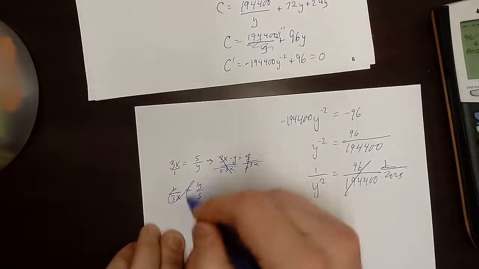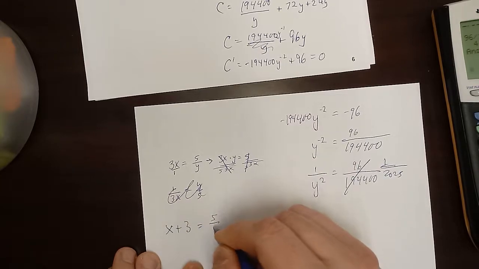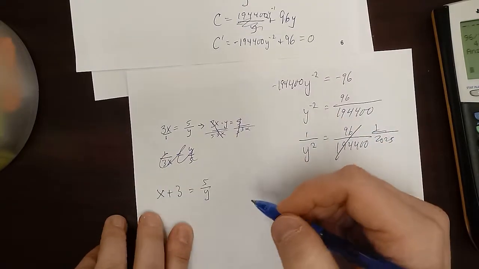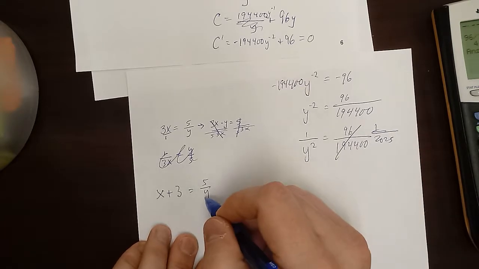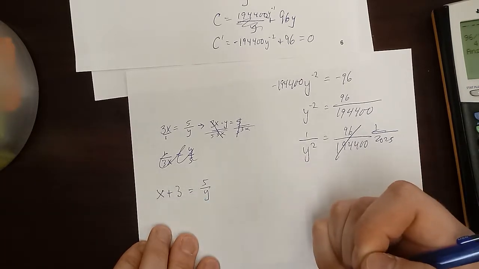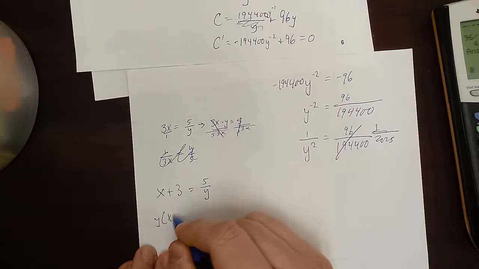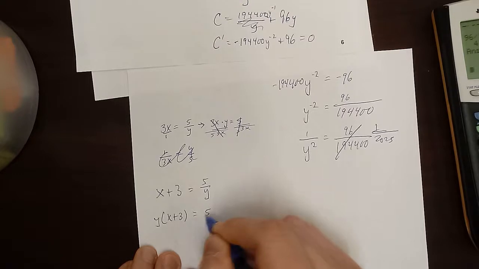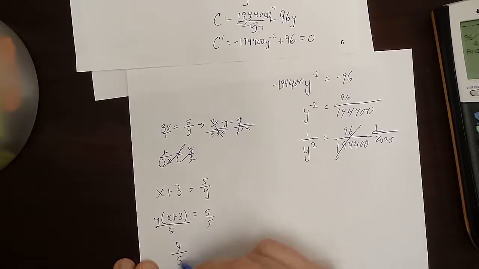The issue is if I had x plus 3 is equal to 5 over y, and I tried to take the reciprocal, I need to be very careful. Multiplying both sides by y, we'd get y times x plus 3 is equal to 5. Then I could divide both sides by 5 and still wind up with y over 5.